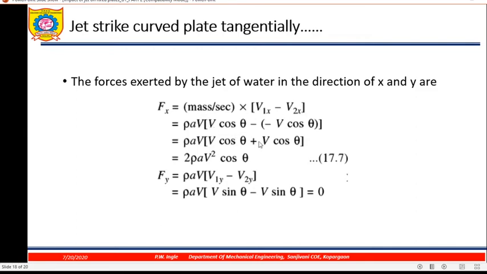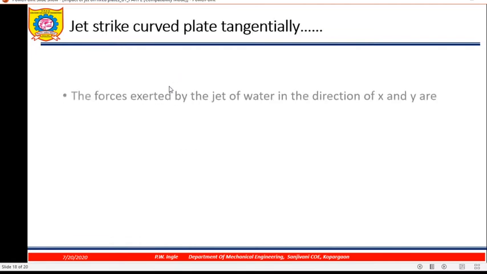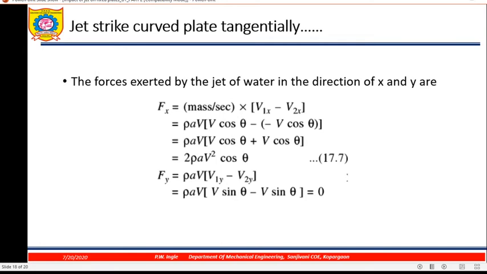So v1x is the x component of the initial velocity, and v2x is the x component of the final velocity. The x component at inlet is in the direction of flow, and at outlet it is in the direction opposite to the flow. That's why at inlet v1x is v cos theta, and at outlet it is minus v cos theta.